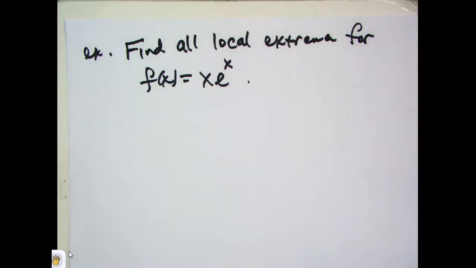Lorena, where do we start? Where do local extrema or relative extrema occur? Like how would we know if we had a relative max?